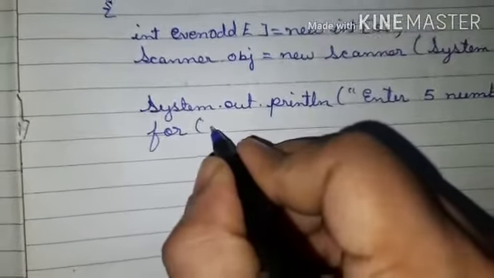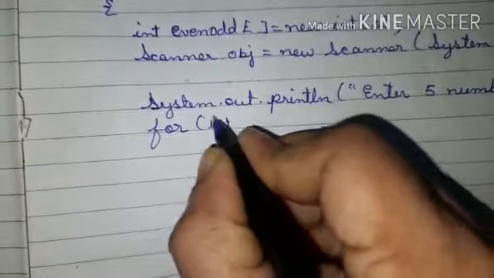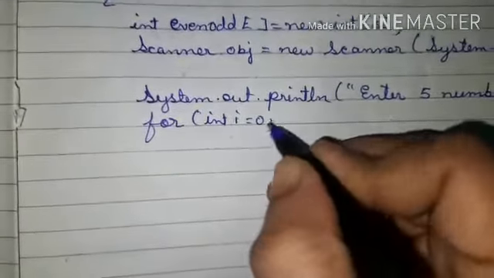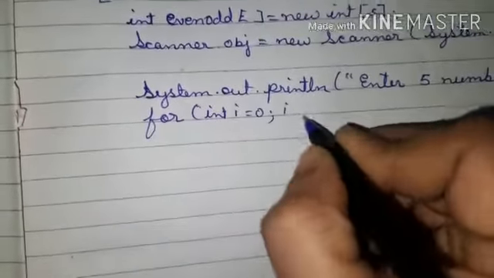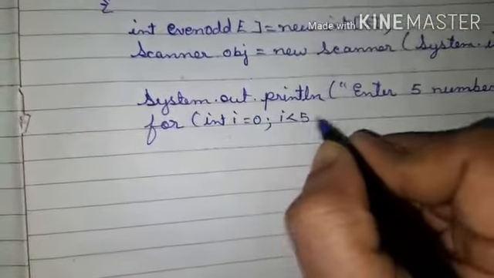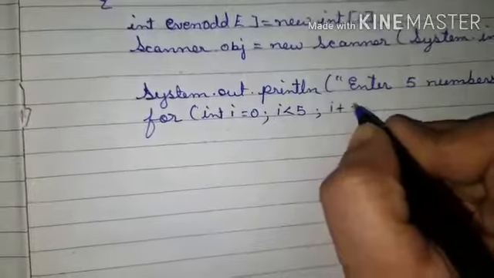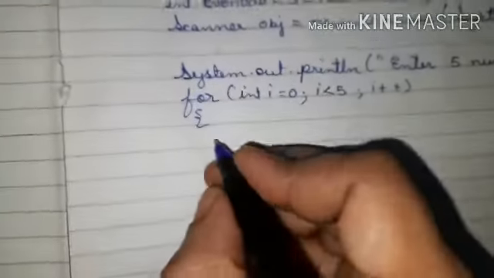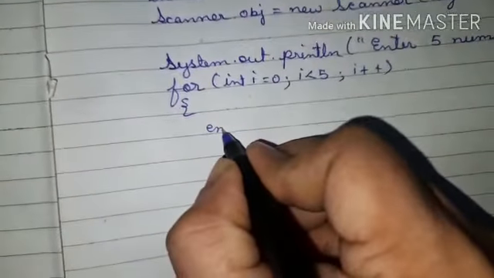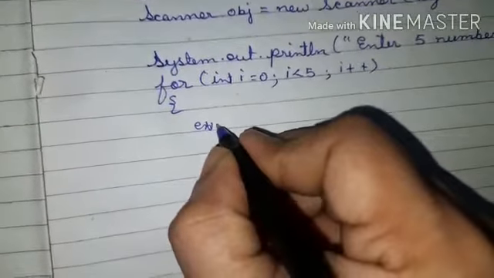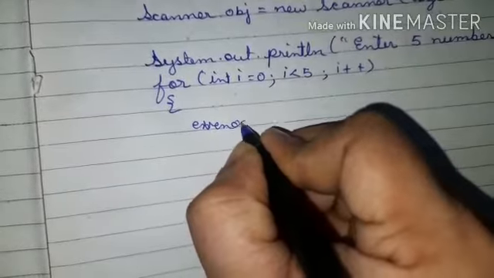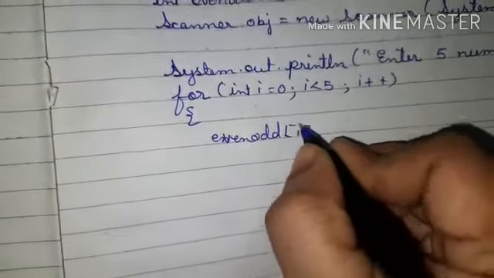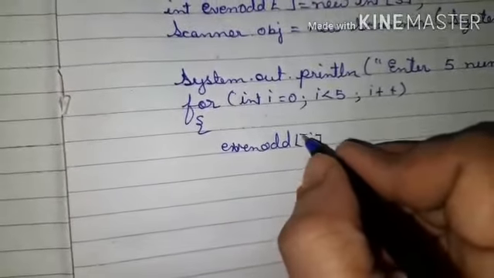In the for loop, I will start from 0, because my index starts from 0, then i less than 5, i plus plus. Inside it we'll input the array. Here we will write i, because i is giving us the index.